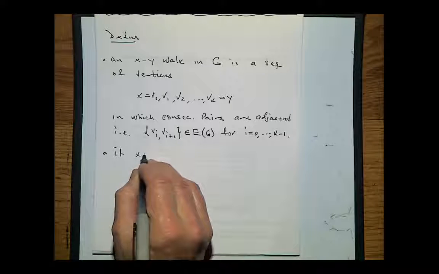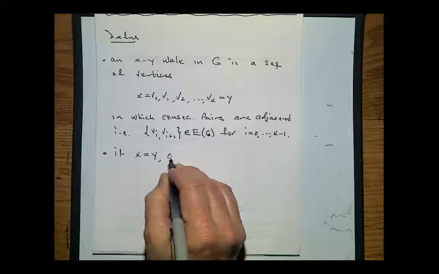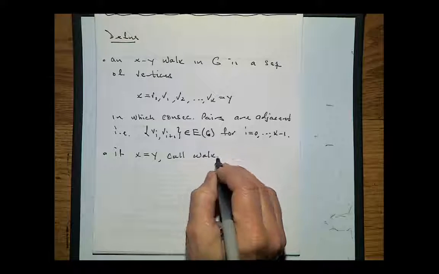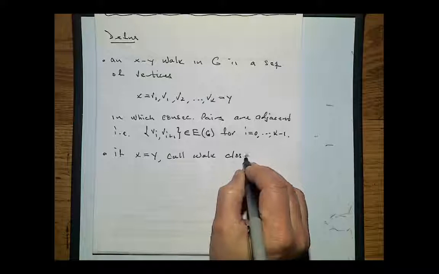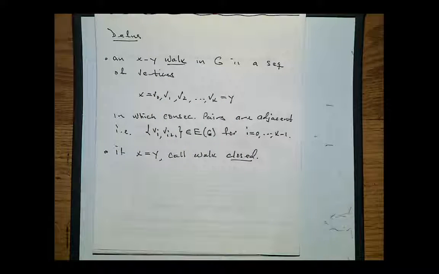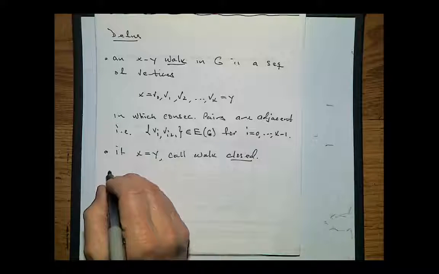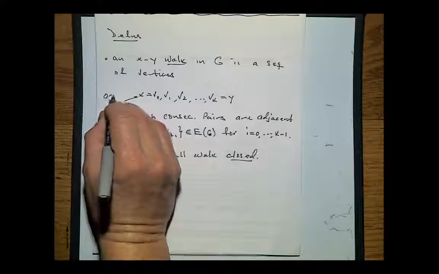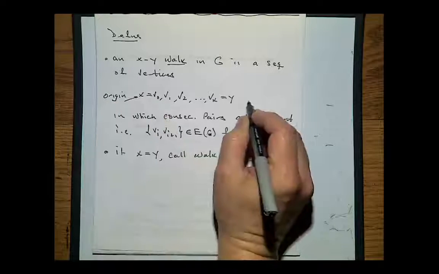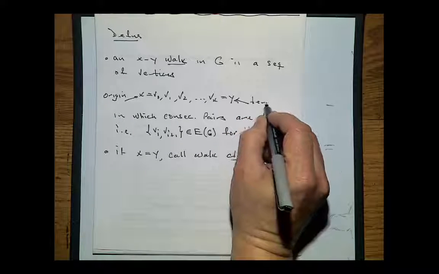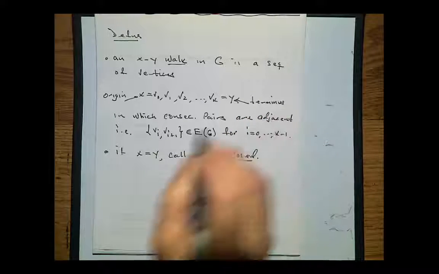If x equals y, we call the walk closed. So if you find a walk and a closed walk, we call x the origin and y the terminus, where you started and where you end up.